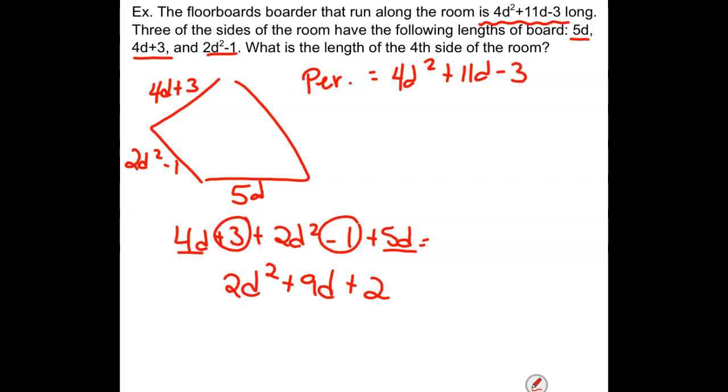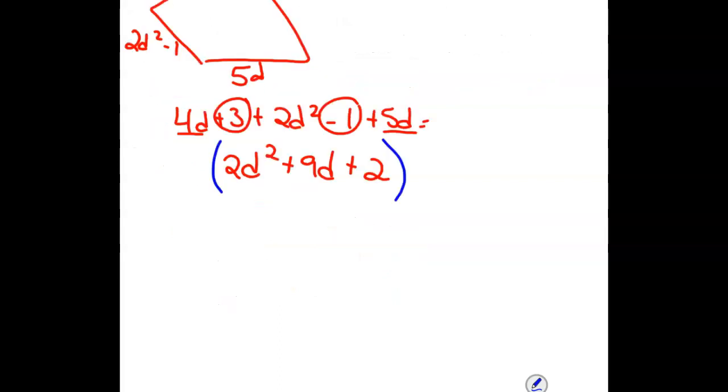Okay, so we are taking this perimeter and we're subtracting this. Yes? All right, so 4d squared plus 11d minus 3.